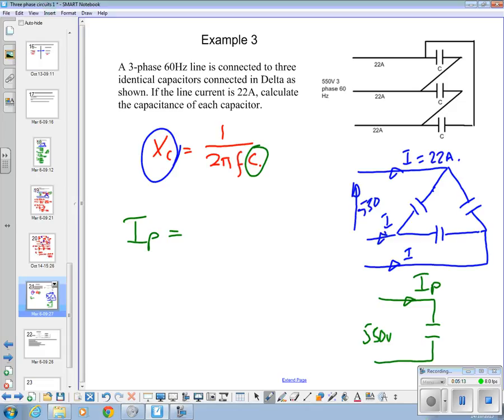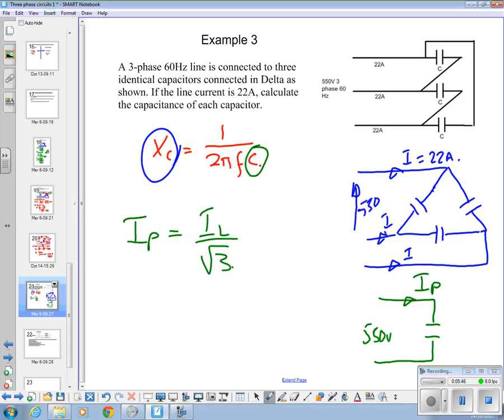What else have we got? IL. What's the relationship between I phase and IL in a star delta connected system? Is IP less than IL or more than IL? Less than, so it must be over root 3.